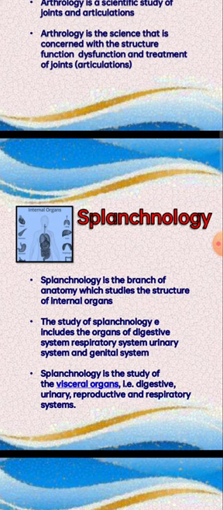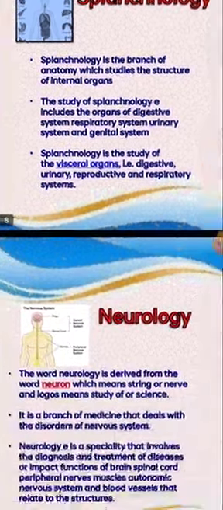And the urinary system, how our kidney functions, the urinary bladder and the nephrons, all those things we study under splanchnology. In other words, splanchnology is the study of visceral organs.